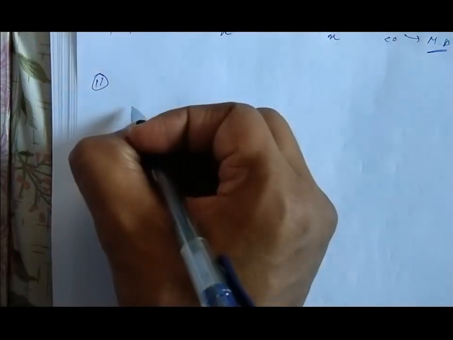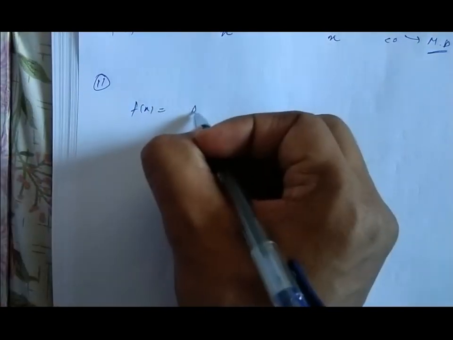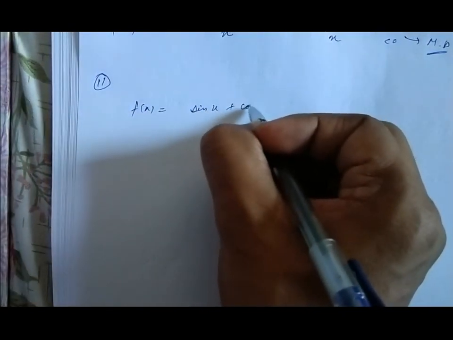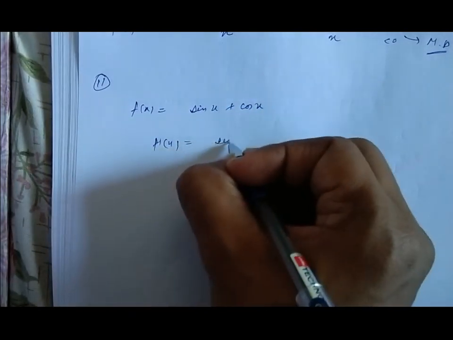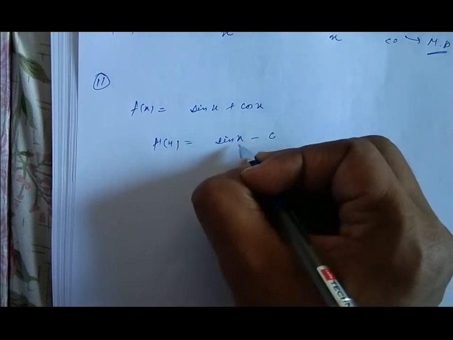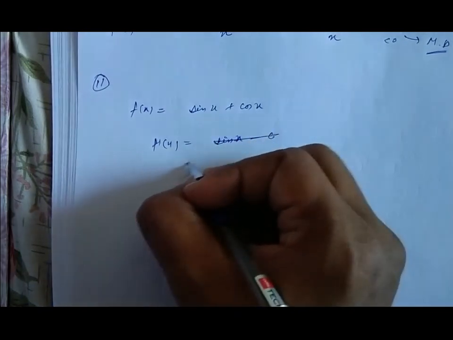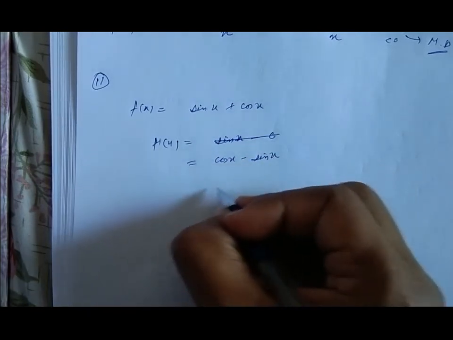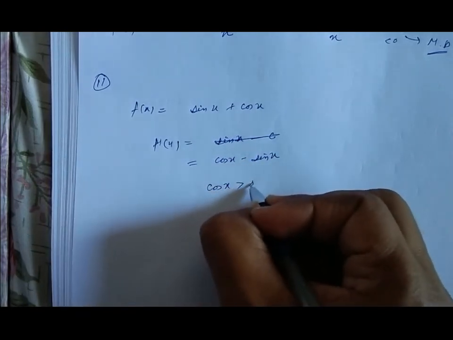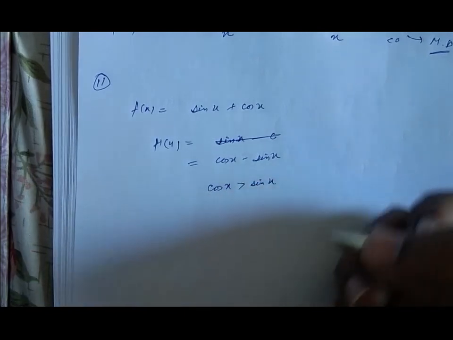Obtain the interval of monotonicity of the function fx is equal to sin x plus cos x. So f dash x would be cos x minus sin x. So if cos x is greater than sin x, the function would be monotonically increasing.